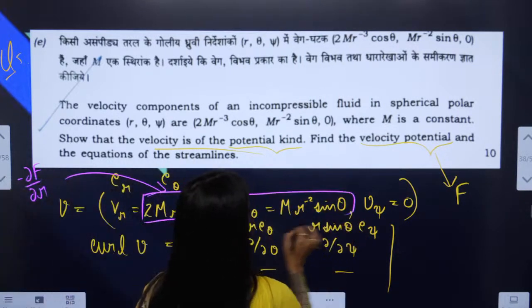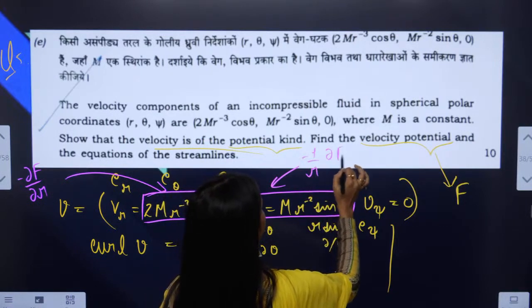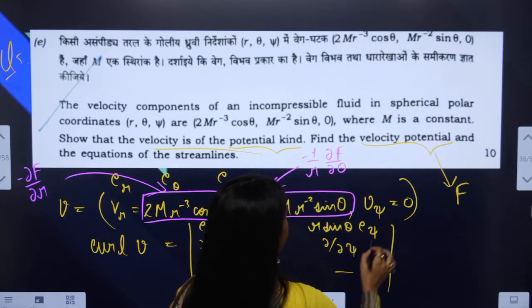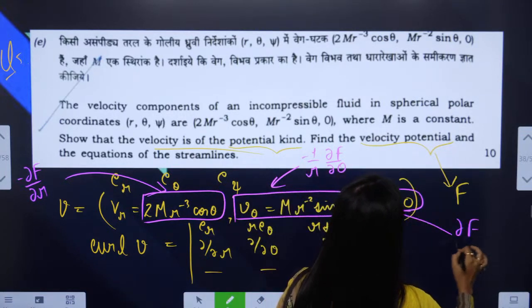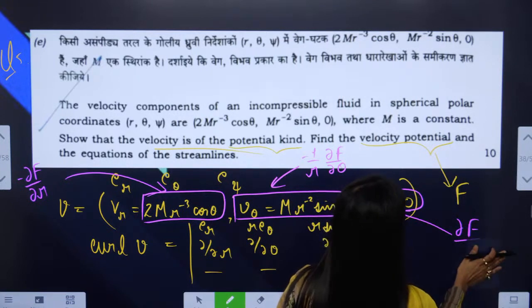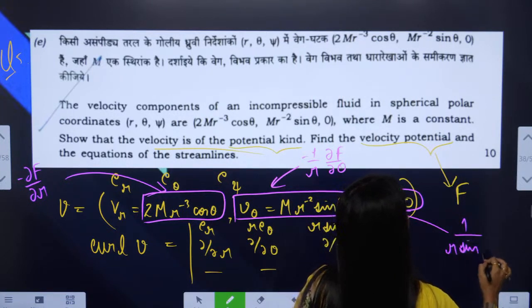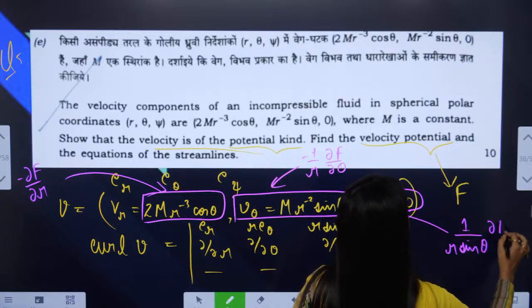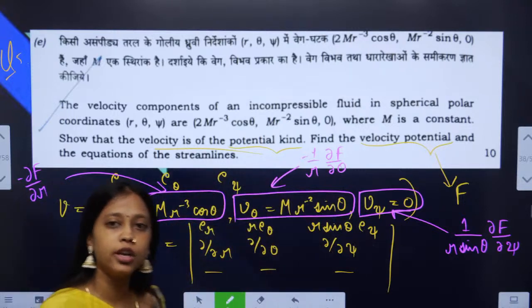Second, minus 1 by r del F by del theta, and the last, minus 1 upon r sin theta del F by del psi. You have to solve this to obtain your capital F.